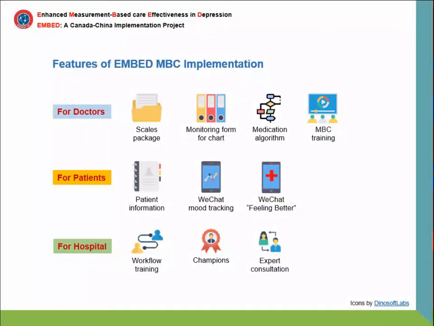And so, based on the situational analysis that we conducted, our MBED project developed a comprehensive plan to bring MBC into the mental health centers in Shanghai. This plan included features for doctors, including having a package of scales ready to use, including a monitoring form for the charts and electronic medical records, providing a simple medication algorithm to use for measurement-based care, and then conducting training in measurement-based care, including presentations like this one, so that doctors could understand how to use the scales in their clinical practice.